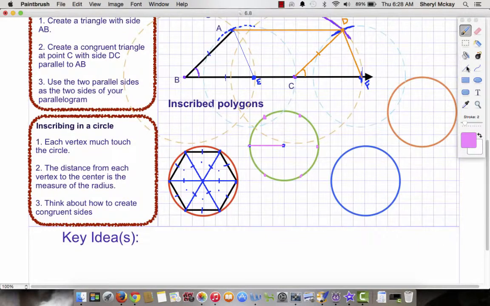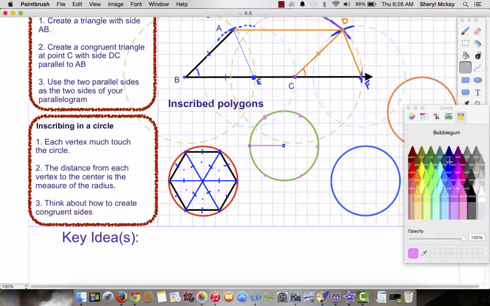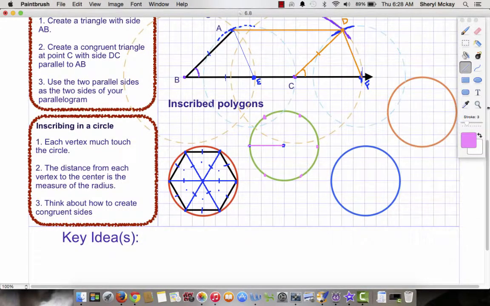And then you just need to connect all of those. So draw a line from here to here. Oops, meant to make that blue.